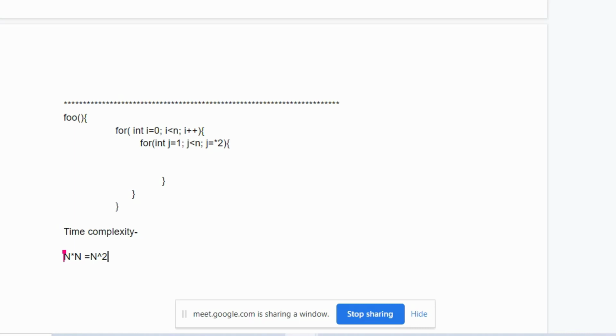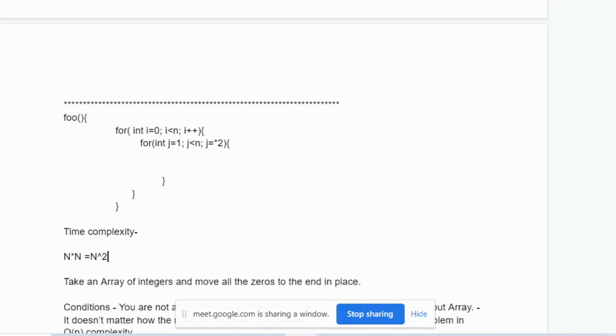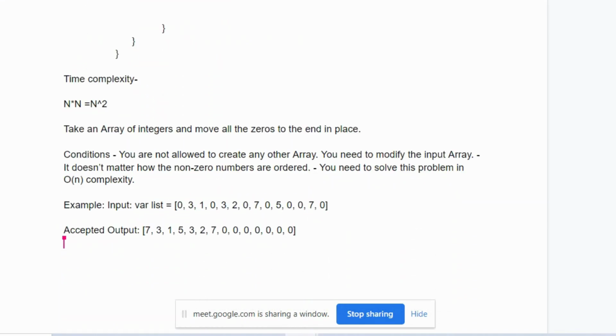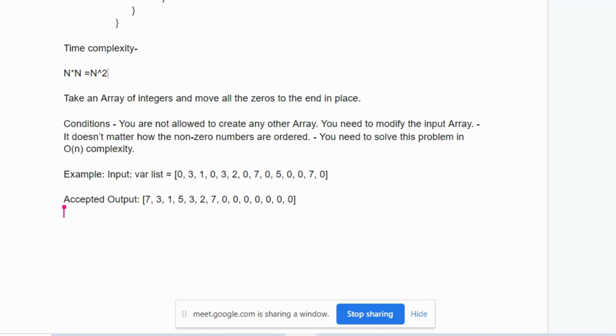Okay, the next is a coding question, Swapnil. Just go through it and let me know if you understand the question.